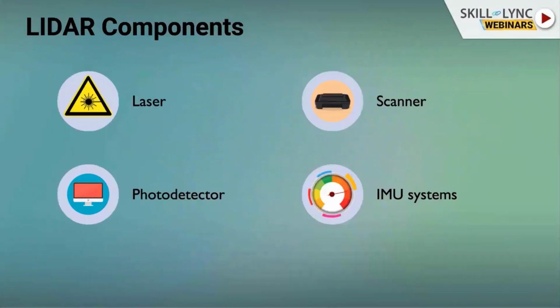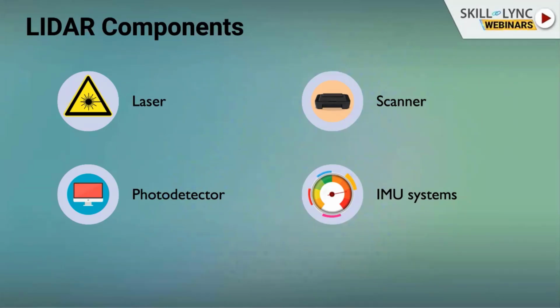Now the next is LiDAR components. What components are there in LiDAR? First is the laser pulse emitter, which will emit, and the scanner. If you have seen any self-driving car, there is a knob kind of thing at the top of the car, and it always rotates.